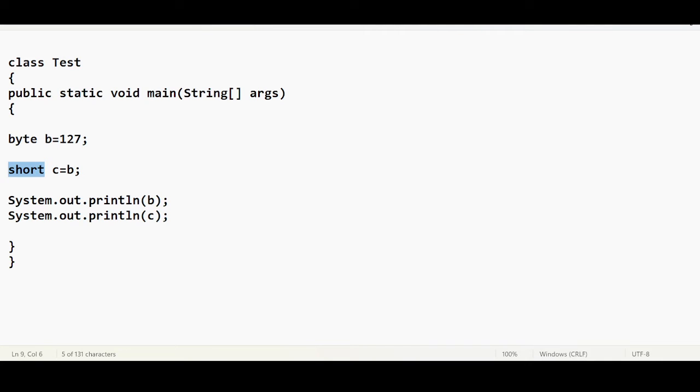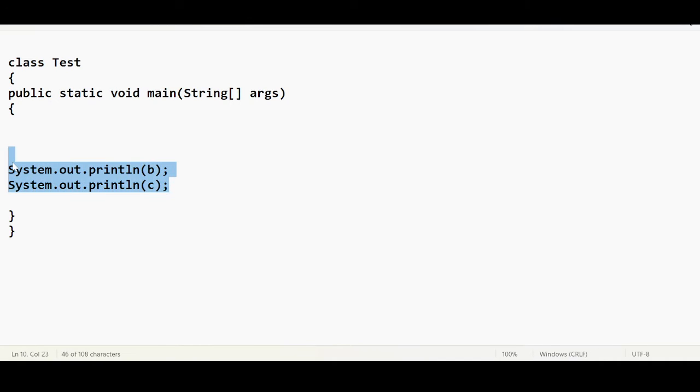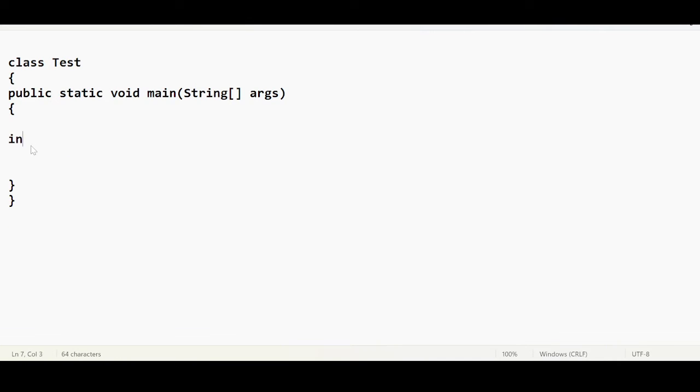Yes. Let us look into another example. You just tell me if it is possible or not possible. As simple as that. Okay, I will just write it here. Taking integer data type a equal to 100, float b equal to a.